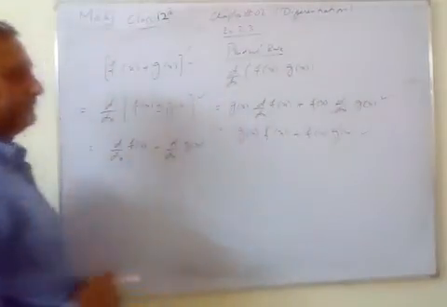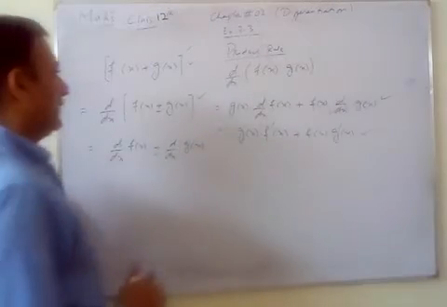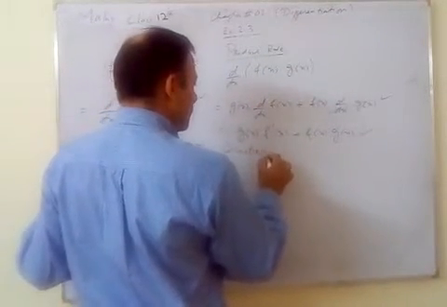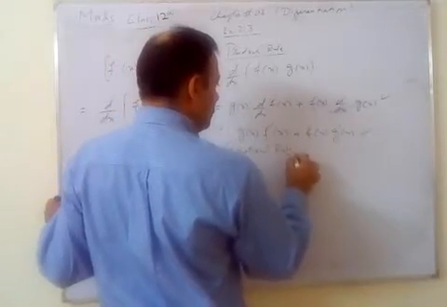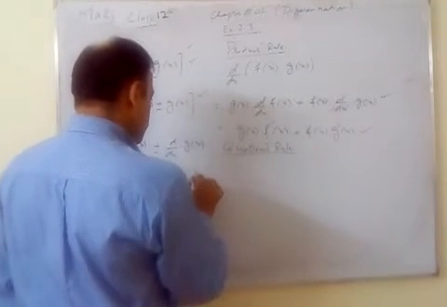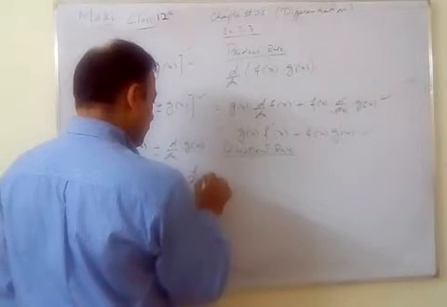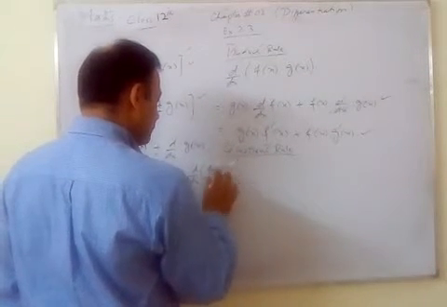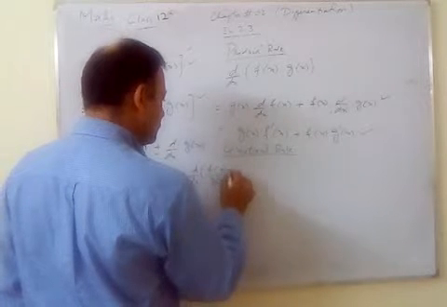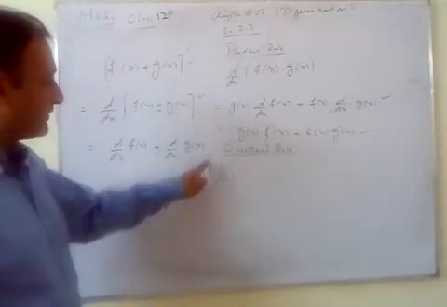Both have the same meaning. Next is the quotient rule. It means if two functions are dividing, f of x divided by g of x.